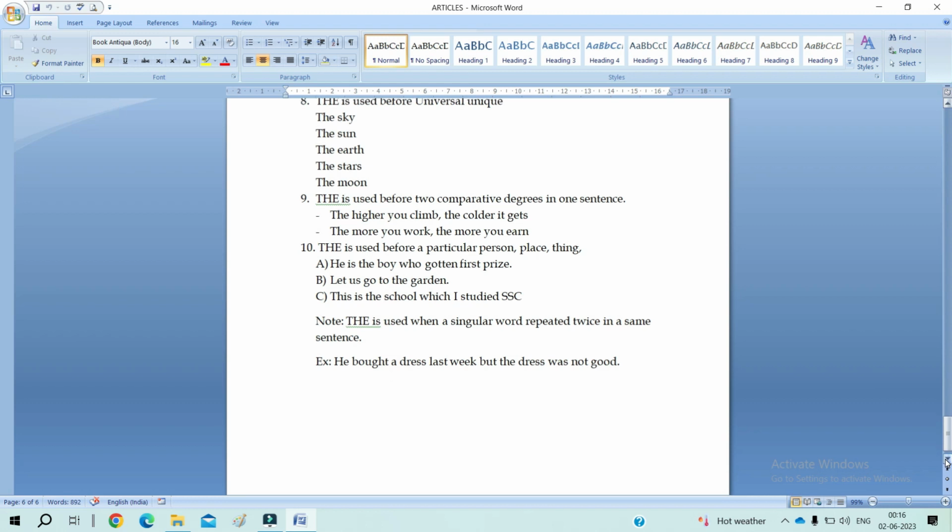He bought a dress last week, but the dress was not good. Simple. We're talking about the dress here. It repeated twice, then we use "the" before it. I hope you understand these articles.